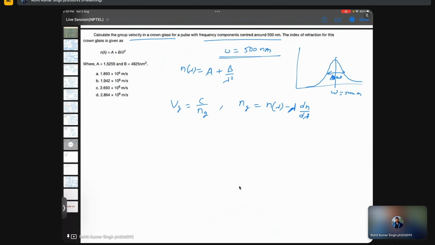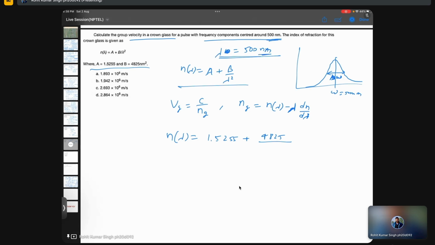So first, we can use this to calculate the n of lambda, which is 1.5255 plus B, which is 4825, divided by lambda square. So yeah, this 500 nanometer is not frequency, it is basically lambda.